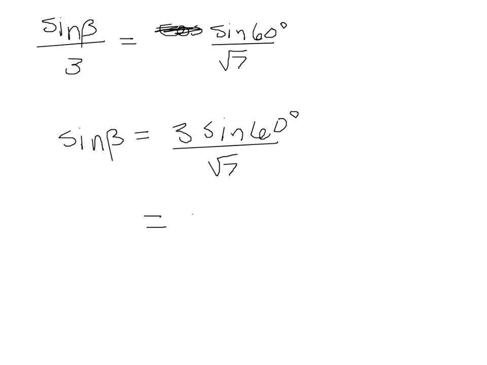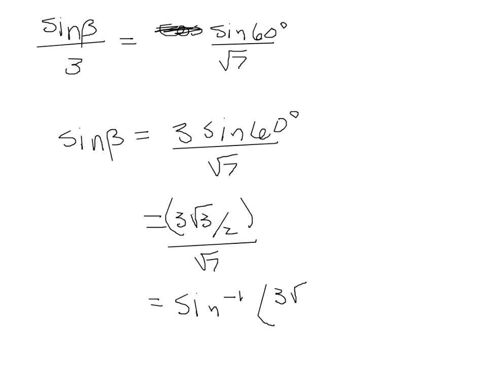Sine 60 is the square root of 3 over 2, and so we'll just put that into the calculator the way it is. So take the sine inverse of 3 square root of 3 over 2, divided by the square root of 7.